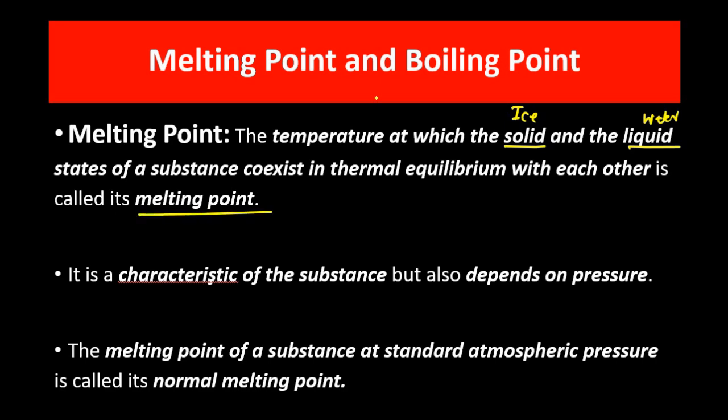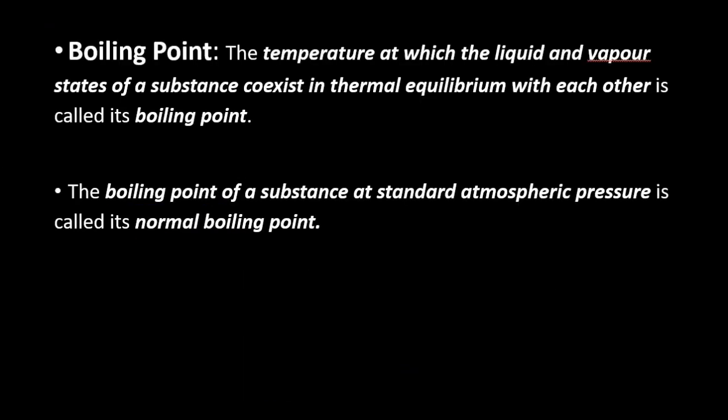This characteristic of the substance depends on the atmospheric pressure, so it changes accordingly. The melting point of a substance at standard atmospheric pressure is called its normal melting point. In this case it is 0 degrees Celsius for water at standard atmospheric pressure.